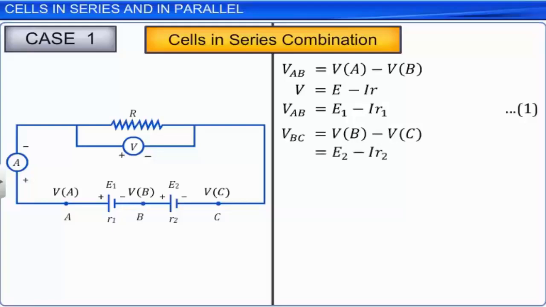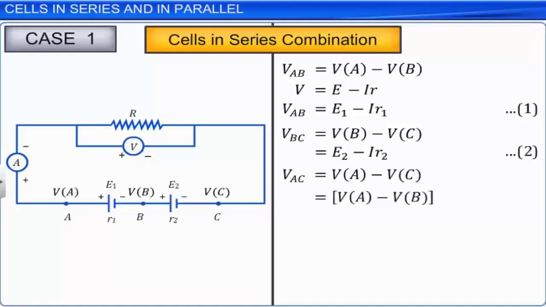We can now write the potential difference between the terminals A and C of the combination of cells as VAC is equal to VA minus VC, which is equal to VA minus VB plus VB minus VC.